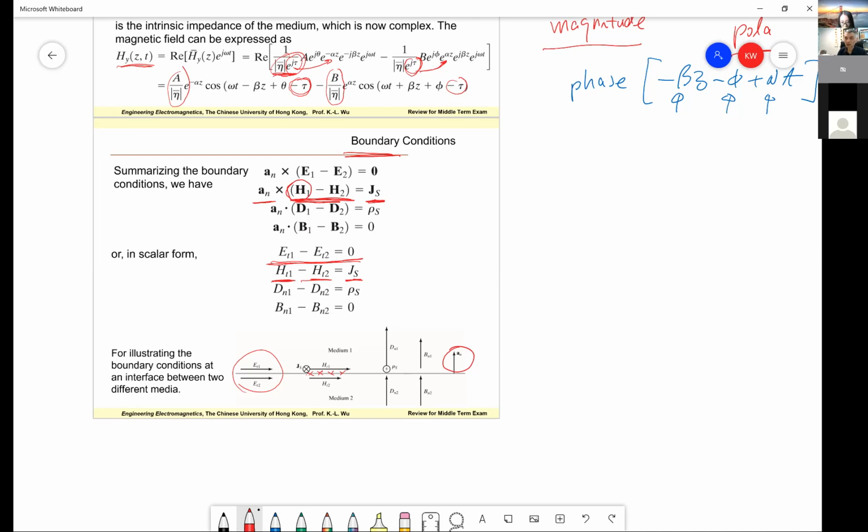That is the relationship of the tangential field across the boundary. The boundary condition for the normal component of the electrical field is related to the charge density on the surface.